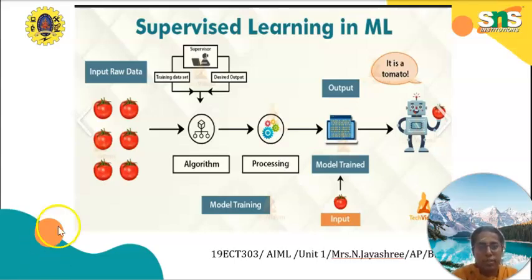The raw input is given to the algorithm, which processes it, and the input is given as a tomato. This is the trained model, and when it matches the input data, it produces the output, tomato, which is indicated by this particular name. This is how supervised learning progresses in machine learning.